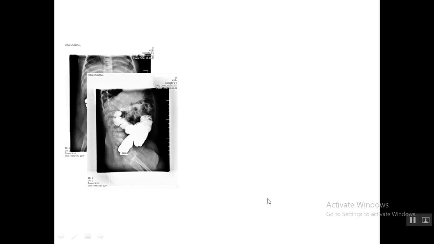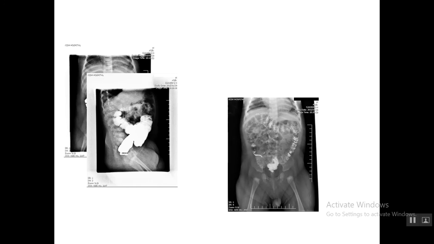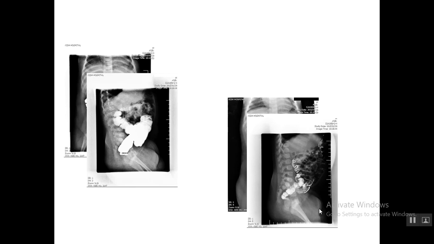So we recommended that the patient return for a 24-hour delayed image, and this is the AP image of the same patient, and this is the lateral view of the same patient.